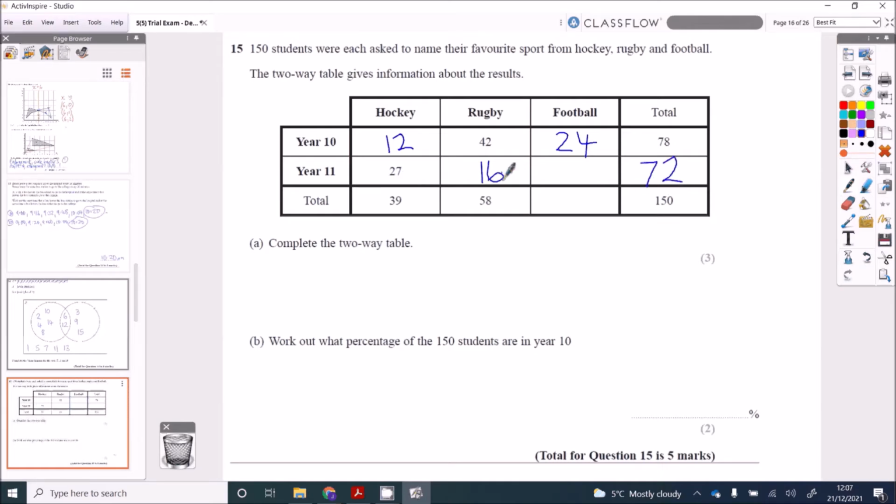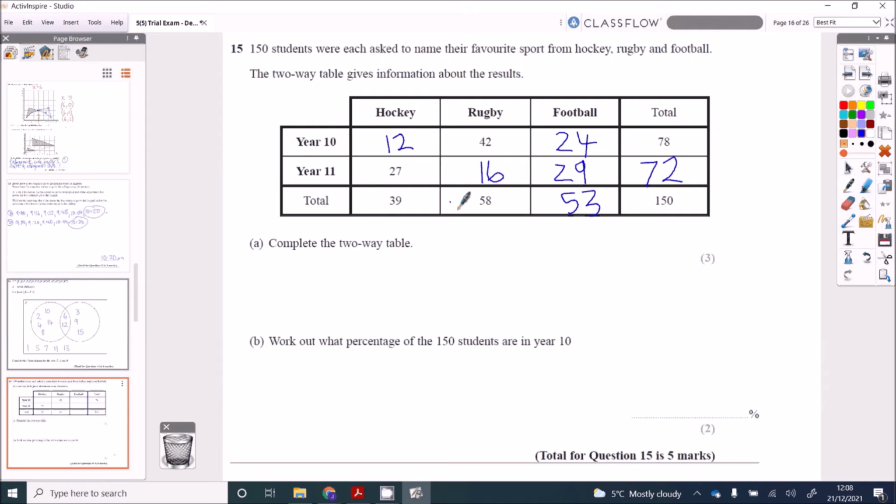Now looking at the year 11s, I can now work out the year 11 football, 72 take away 16 take away 27, which is 29. Now I can do my total football, 24 and 29, which is 53.